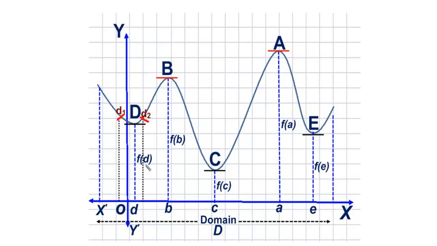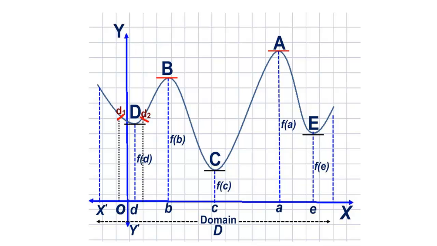Hence, we call the point D the local minimum point or point of local minima, and the ordinate f of D is called the local minimum value.